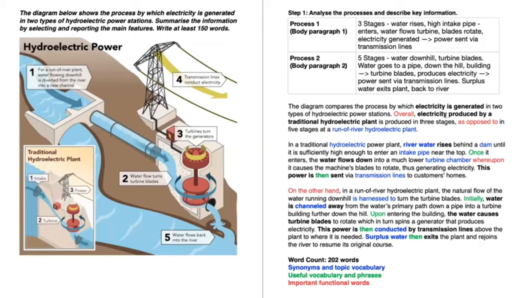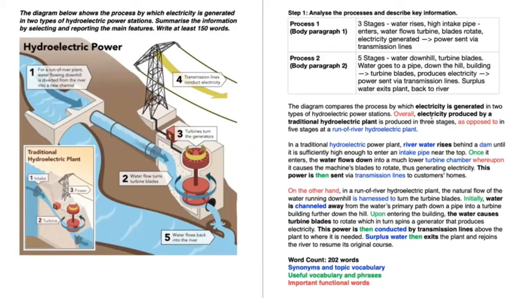Now, I've emboldened the passive phrases, which again, we really have to pay attention to our passives here. So electricity is generated, electricity produced by shows a very clear passive. In this case, we have shown who is doing the activity or what is doing the activity.